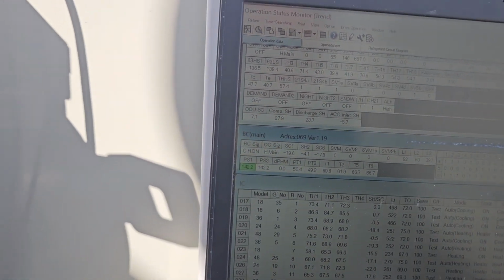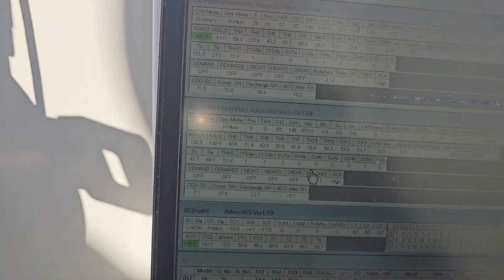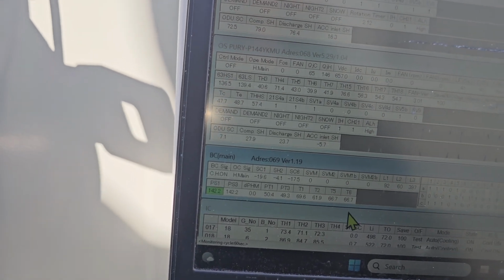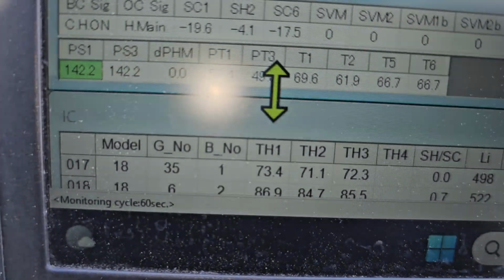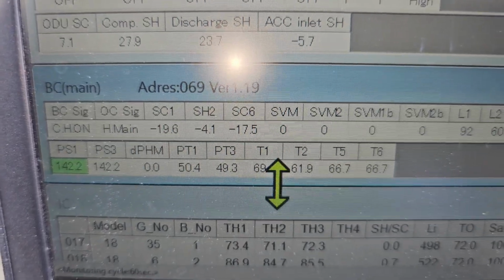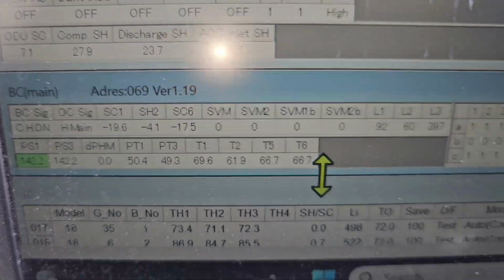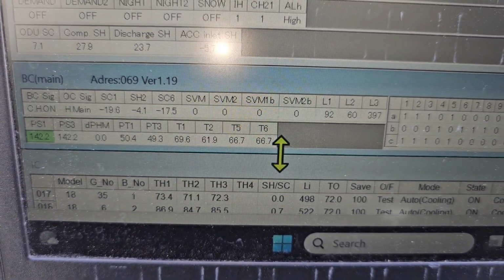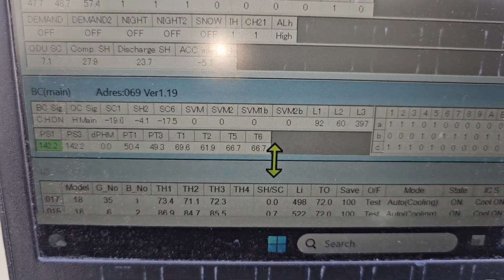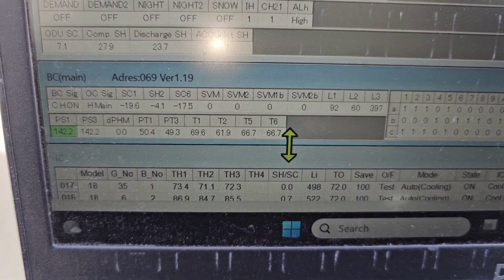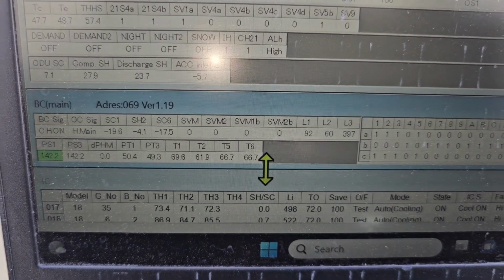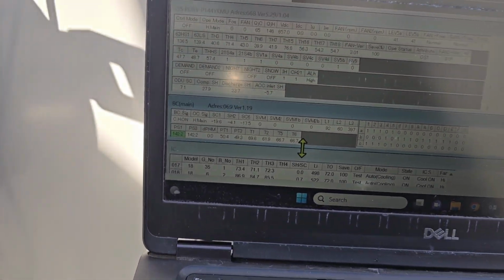So that got me thinking, you know, and if we look at our branch controller, all of our temperatures, so our T1, T2, T5, T6, they're all pretty much the same. And if you think about it, they're all pretty close to ambient.